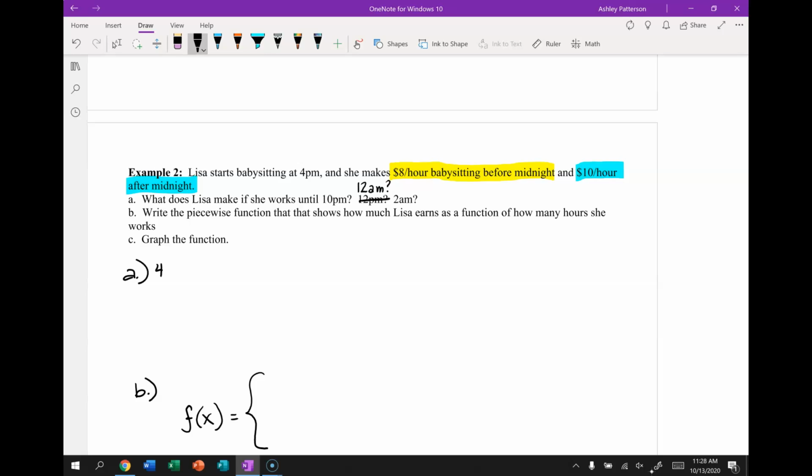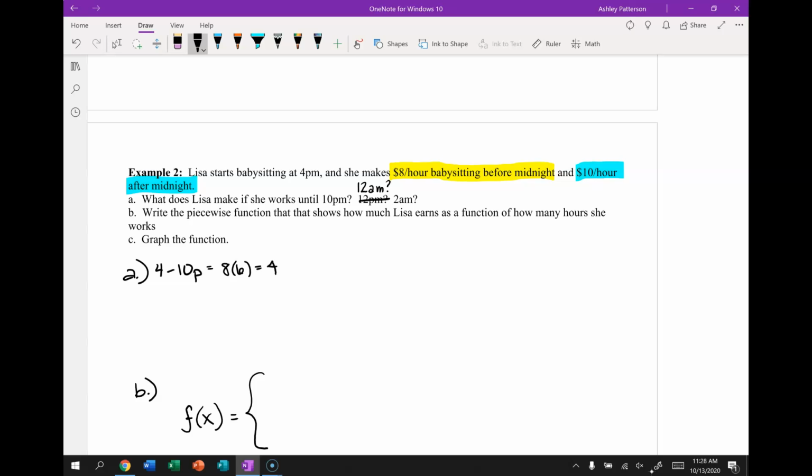Well, if she's working from 4 to 10 p.m., we've got 4 to 5, 5 to 6, 6 to 7, 7 to 8, 8 to 9, 9 to 10. We've got 6 hours that she's making $8. You could do those little lines, or you could just do 8 times 6.